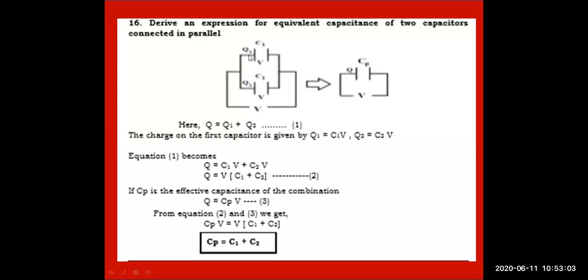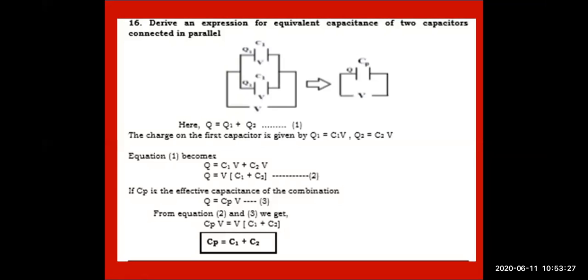And you look at the charge here, it is Q1 and Q2, whereas potential is common, V and V. So that is the difference. In series combination, charge will be constant, potential will change. In parallel combination, charge will change and potential will remain constant.